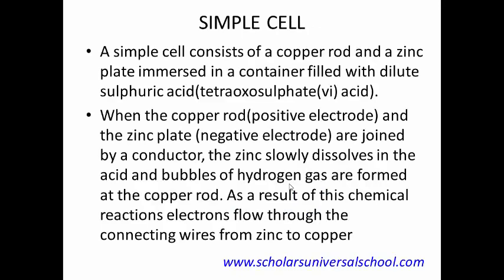Now, the chemical reaction is such that when the copper rod and the zinc plate are joined by a conductor, the zinc slowly dissolves in the acid, and bubbles of hydrogen gas are usually formed at the copper rod. Remember that the copper rod is the positive electrode, which is your anode.